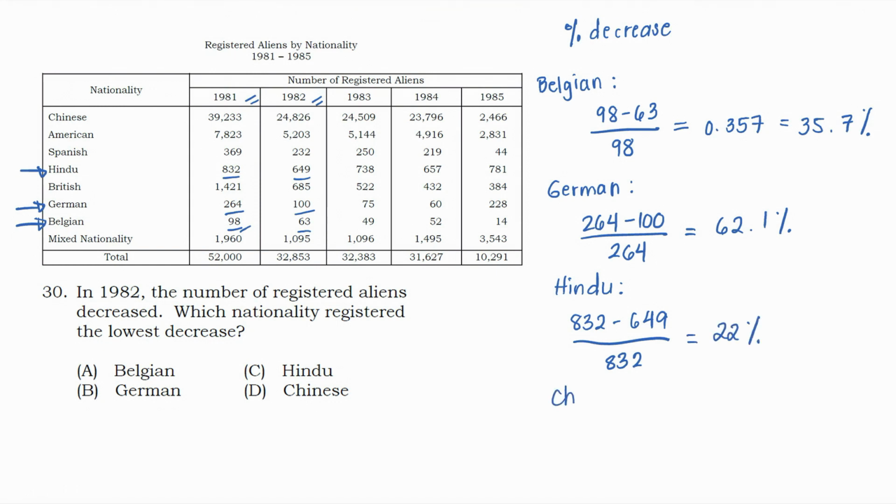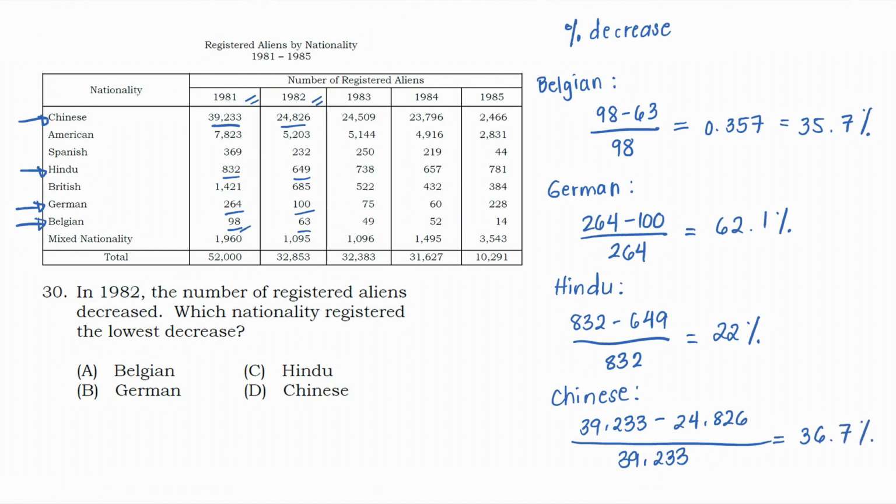And then, yung Chinese aliens. So, dito, meron tayong 39,233 minus 24,826. So, pwede rin kayo mag-round off dito para mas madali nyong makompute. But be consistent kung anong place yung i-round off nyo. Yan. So, makukuha natin dito is 36.7%.